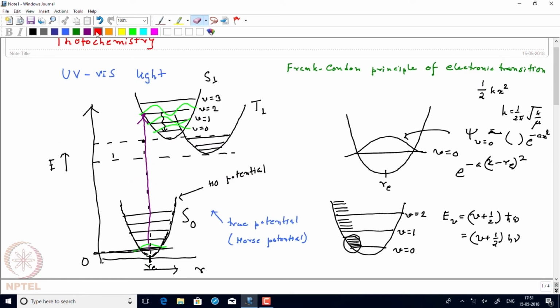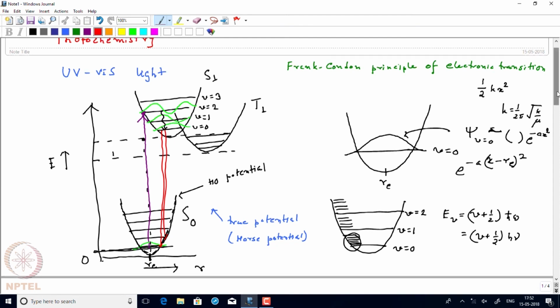So now this v equal to 0 state starts emitting, and it can relax via, say, radiative relaxation, where this state emits and comes back to all the states in the ground state. So you can think that there will be emission which is exactly like an absorption from v equal to 0 to 0.